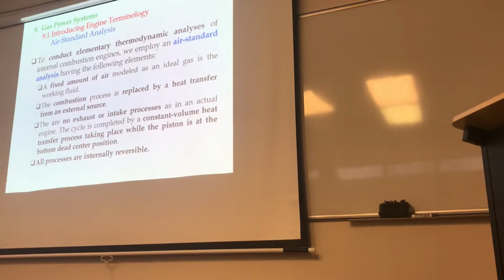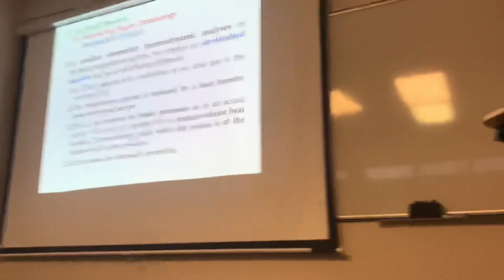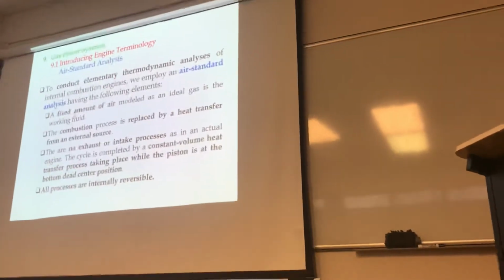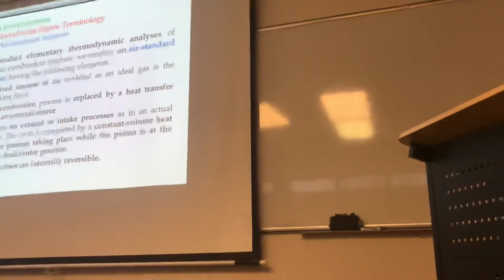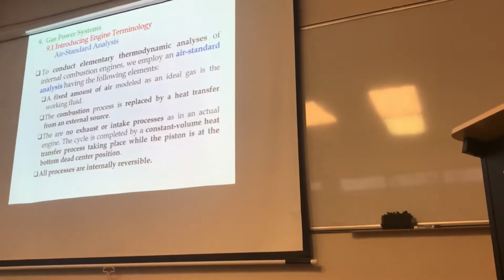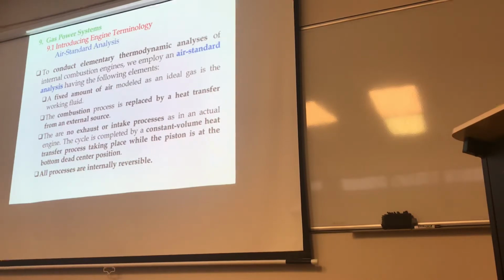But the more important part of this chapter is really the air standard approximation, or the air standard analysis. Because again, everything goes all over the place, we have to make approximations to make our analysis of the cycle fairly easy. Namely, even though in the piston cylinder you have every cycle a fresh charge of air and fuel, because after the exhaust you have to pull in new ones, we have to assume that the cylinder is actually closed and it's the same fluid that is undergoing the cycles.